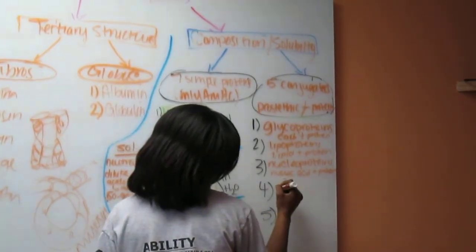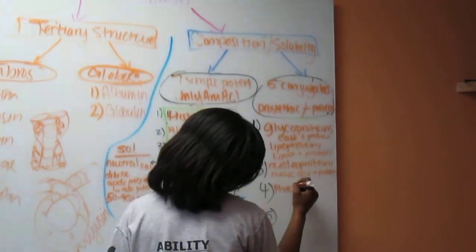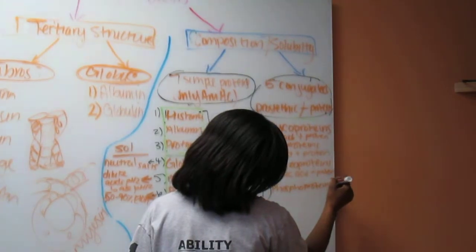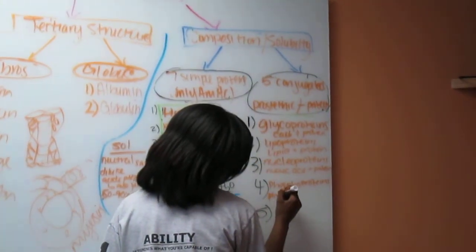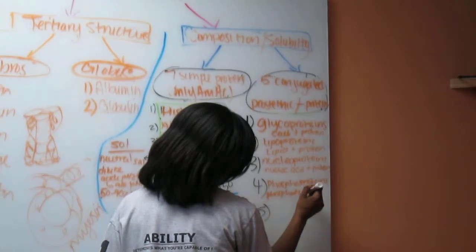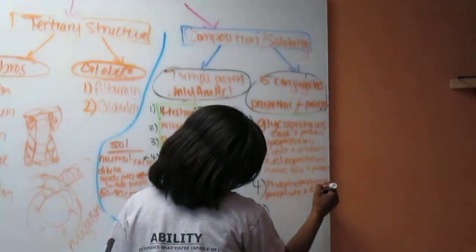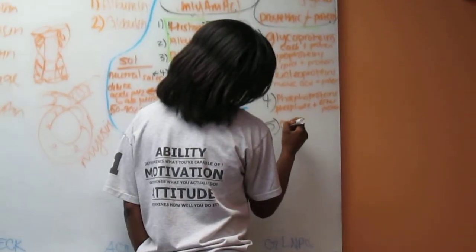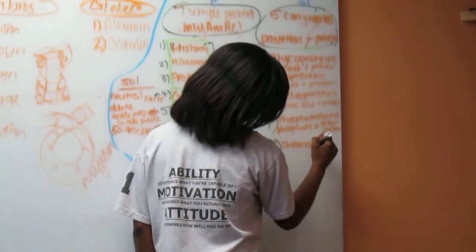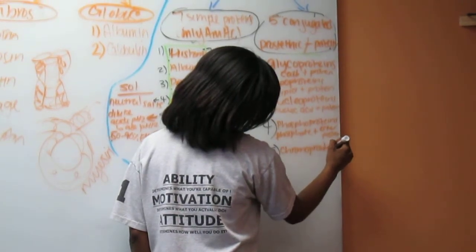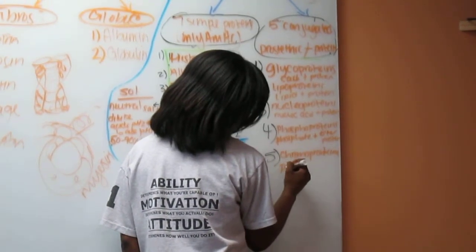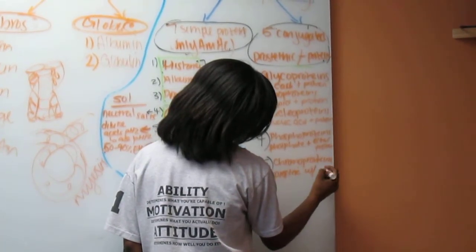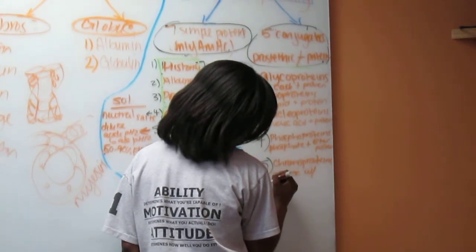And you also have phosphoproteins, which includes a phosphate group plus an ester protein. And the last, you have chromoproteins, which is a colored prosthetic group with a protein.